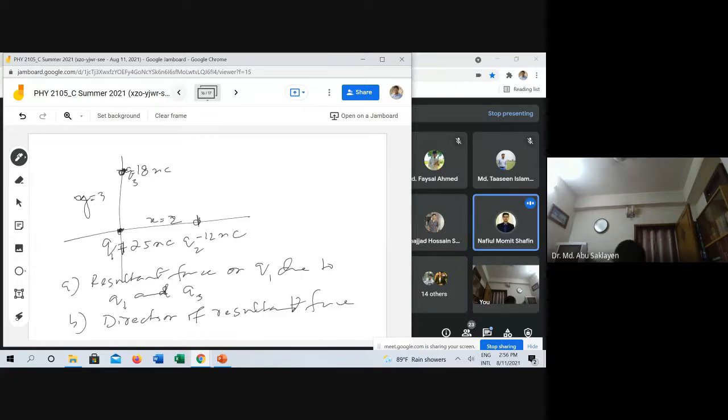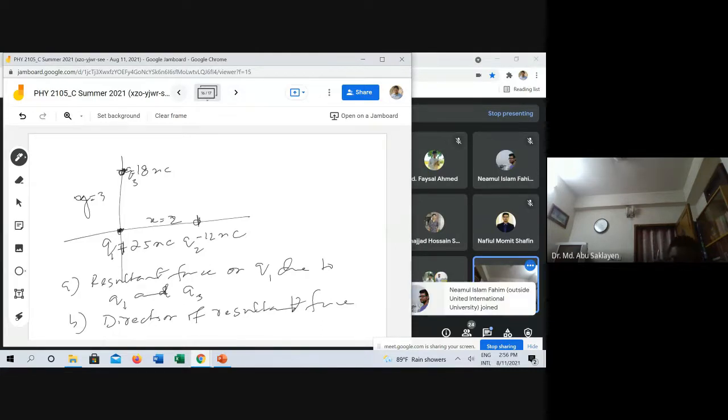Sir, it will be minus x-axis. Charge in y-axis. How do you say it is on x-axis? Charge Q3 is located on the y-axis. So why will the force be in x-axis?